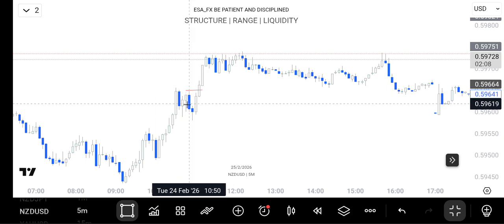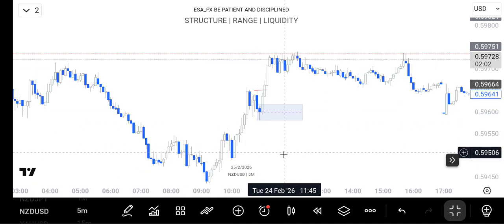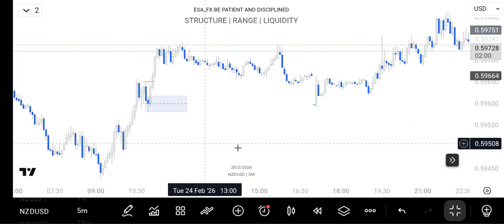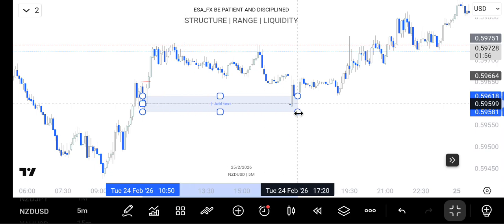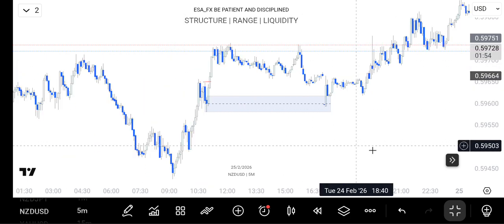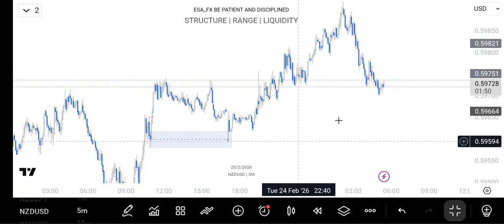This last one here is our order block. Notice what happens when price comes to an order block: price taps and moves. So that is how an order block works.